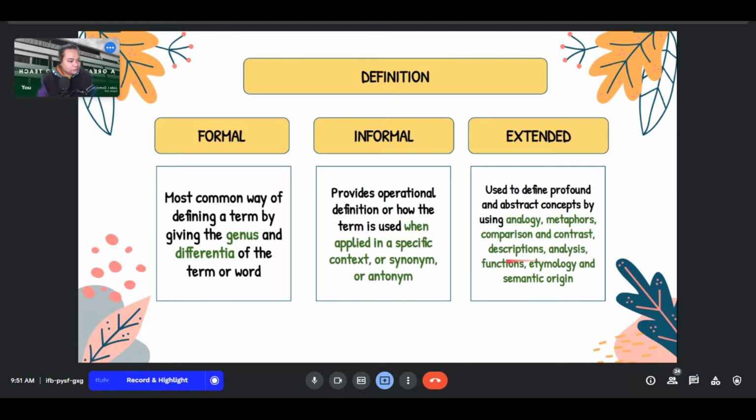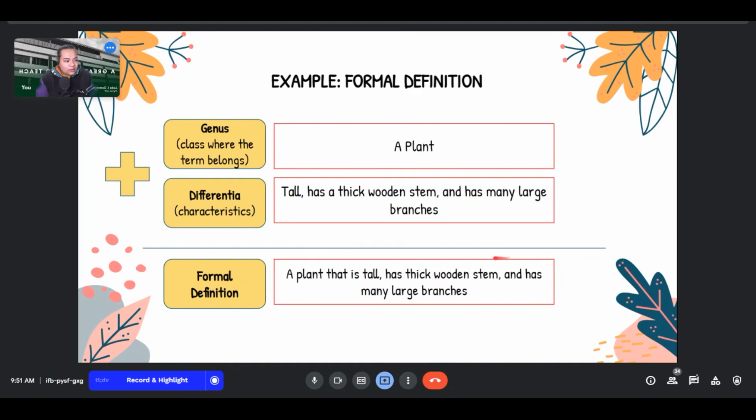Now, in the formal definition, ayan, the genus is where the term belongs. So, a plant. Okay? So, for example, if we are to define the word tree. Okay? So, a tree is a plant. Correct. Diba? Because that is the class where that term belongs to.